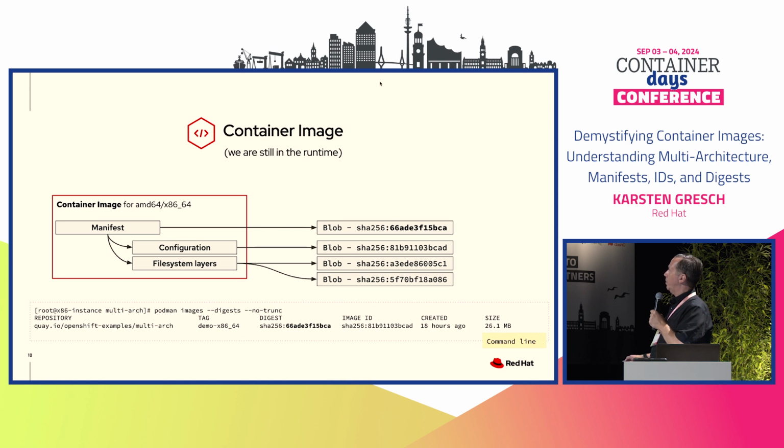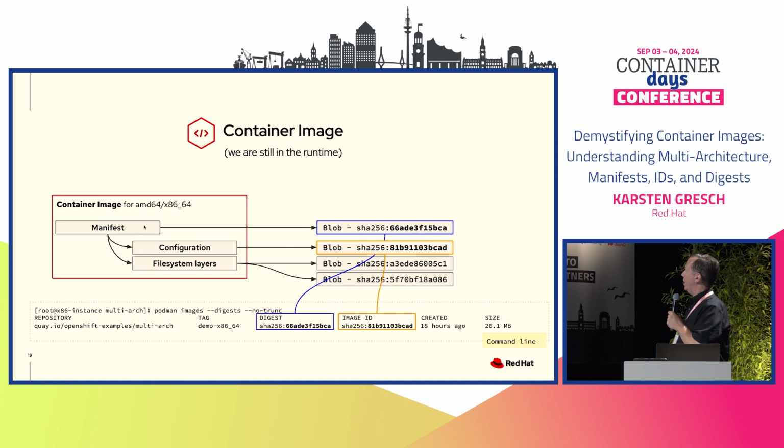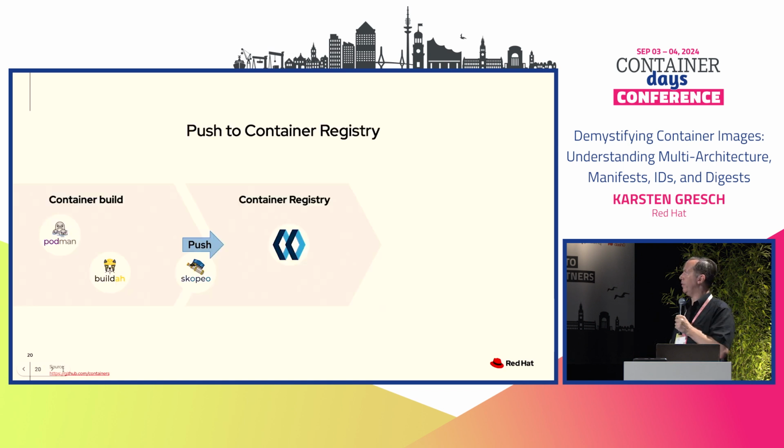So this value is basically the manifest file. And the manifest file links also to the file system layers and the configuration. You also might recognize the 81B again, the image ID itself. This is the configuration. This is quite important. We will very soon see why this is so. So I hope this is clear for everyone.